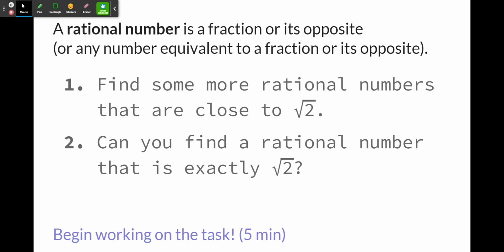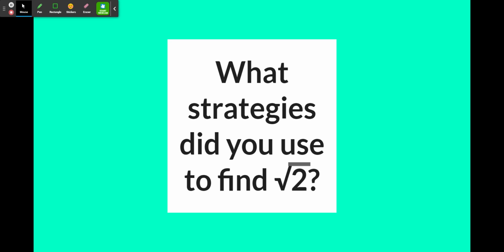We've talked about this. So let's find some rational numbers that are close to the square root of 2. And can you find a rational number that is exactly the square root of 2? So pause here and figure out what numbers we might be able to find that are exactly the square root of 2.